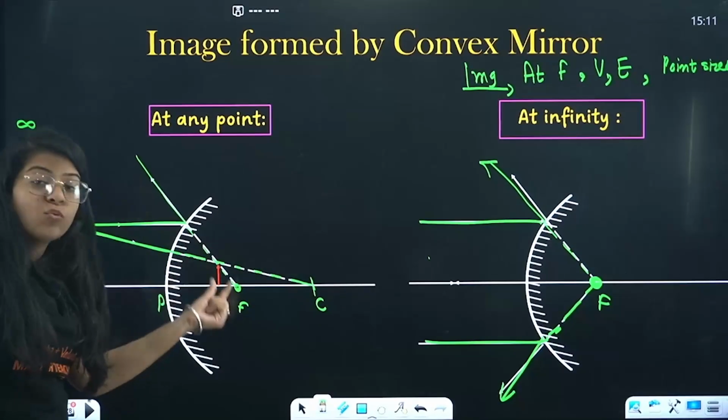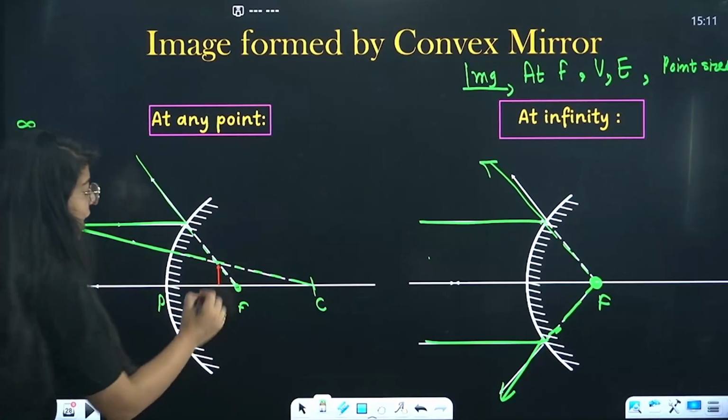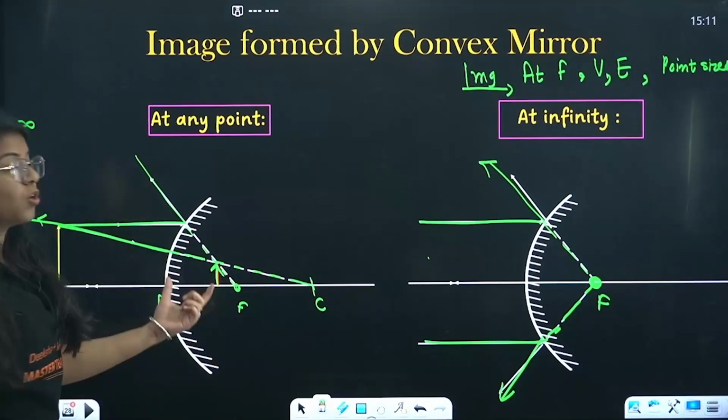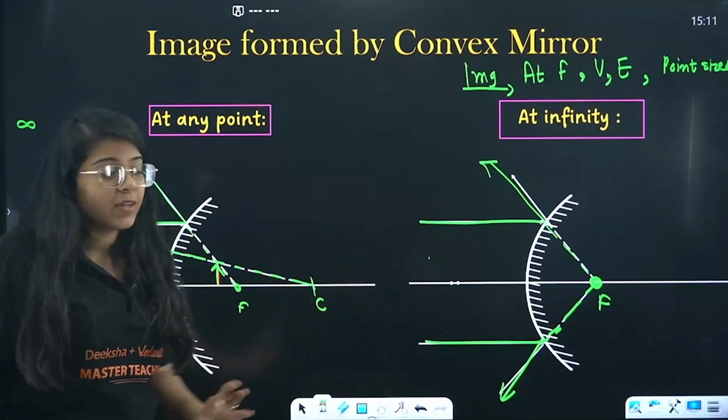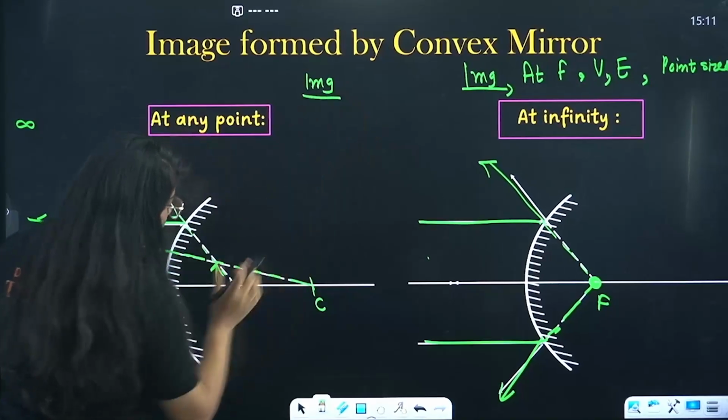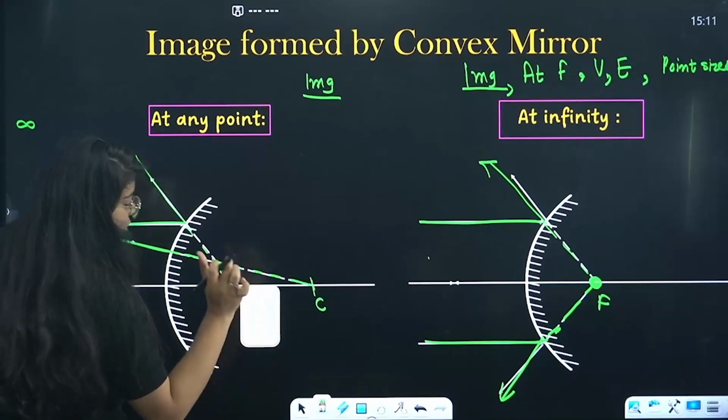Where these two virtual rays are meeting, an image will be formed, and that is your image formation by convex mirror. And in this case, your image will be formed between pole and focus.